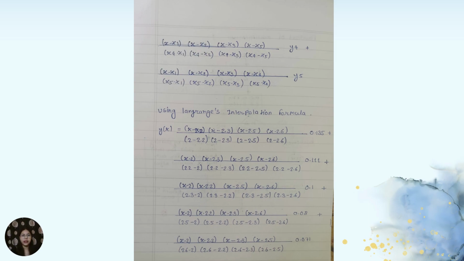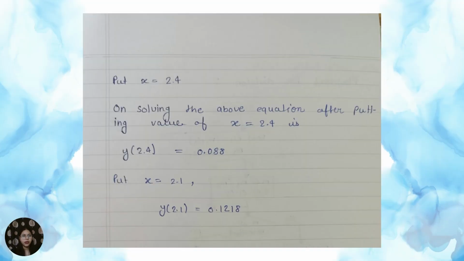Then we use Lagrange's interpolation formula. y of x is equal to x minus 2.2, x minus 2.3, x minus 2.5, and x minus 2.6 into 0.135, divided by 2 minus 2.2, 2 minus 2.3, 2 minus 2.5, 2 minus 2.6, and so on. We put the values of x and y in the Lagrange's interpolation formula, and then we put x is equal to 2.4.